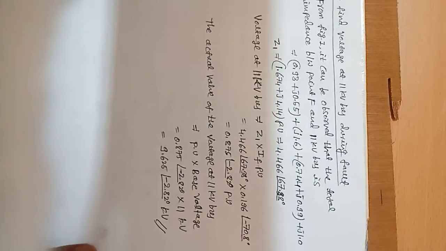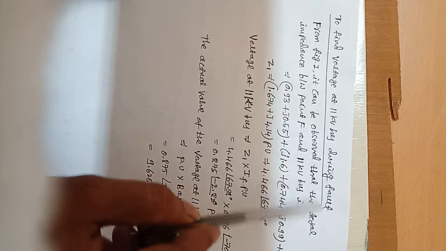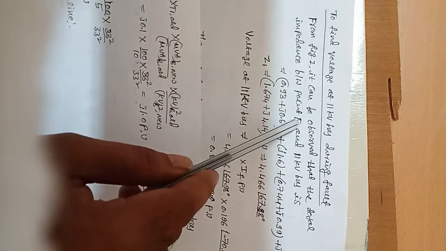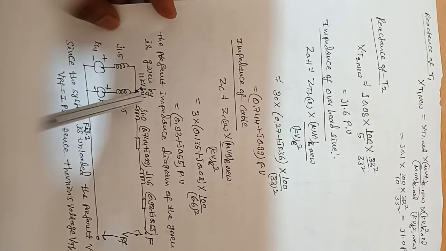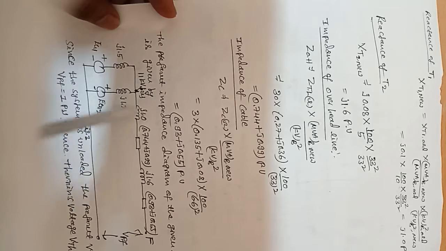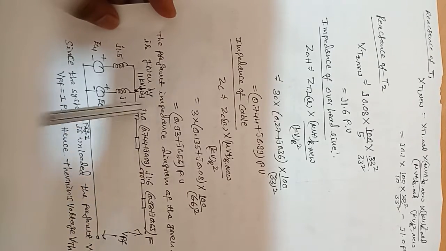Now I need to calculate the voltage. How to calculate the voltage at the 11 kV bus during the fault? This is figure 1. From figure 1, it can be observed that I need the total impedance between point F and the 11 kV bus, because I need to find the voltage at this 11 kV bus. I need to find the impedance between this 11 kV bus and the fault point. See, these are all in series, and up to this I need to calculate.